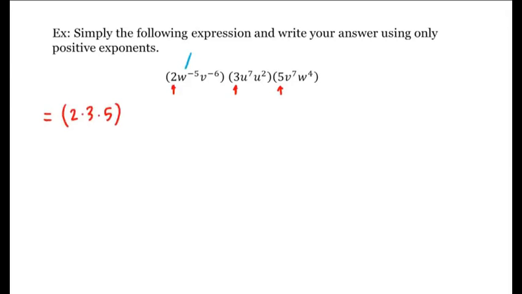And then multiply the w terms together. So times w to the negative 5th power times w to the 4th. And then group the v terms together. We have this term and this term. So times v to the negative 6th power times v to the 7th.